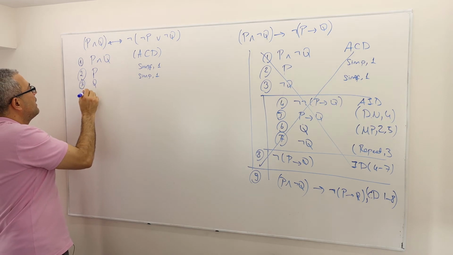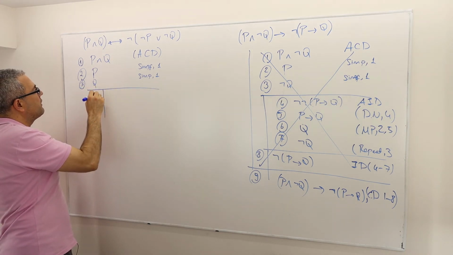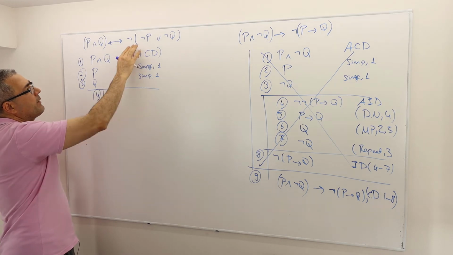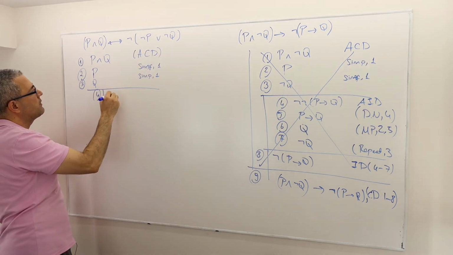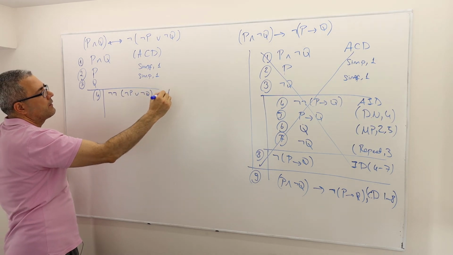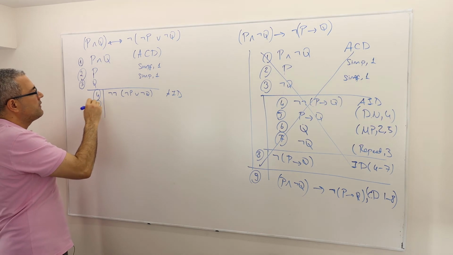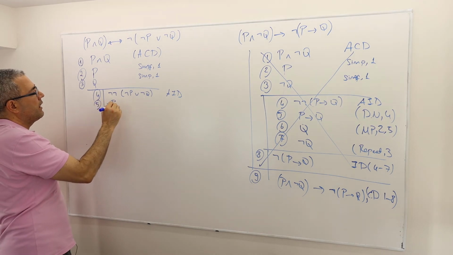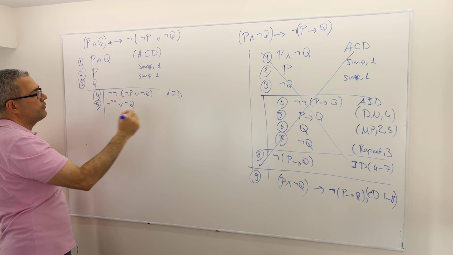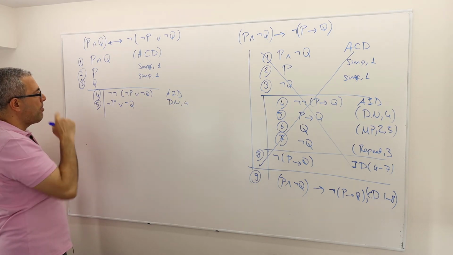Well, that's it. I can't really make any other assumption. So what I'm going to do is deny my conclusion. So it's not P or not Q. All right, so assumption for indirect derivation. Very good. So this is double negation. So therefore, not P or not Q must be true. So this is double negation of the argument in line 4.